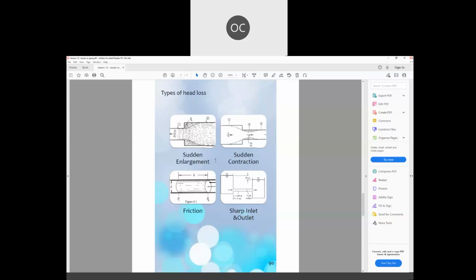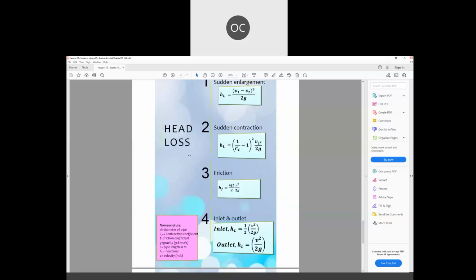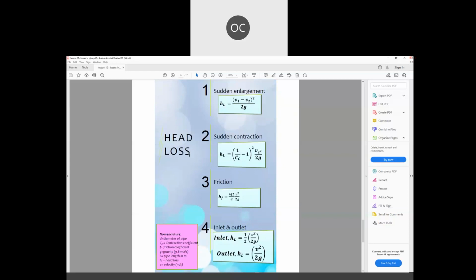So today we are going to concentrate on enlargement only. This is the general equation involved. For enlargement, we denote it by HL.